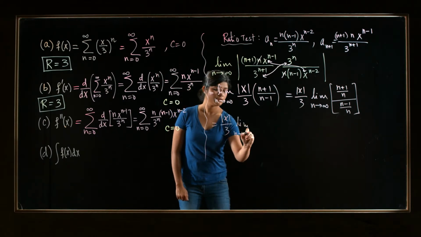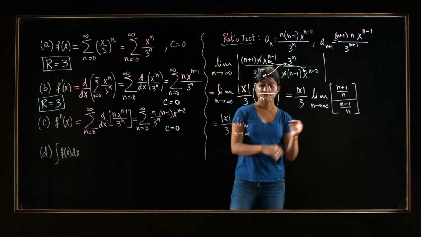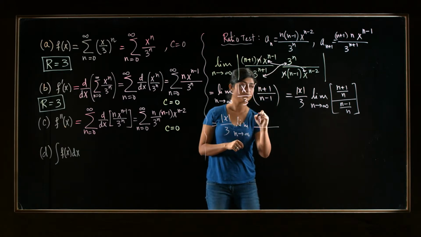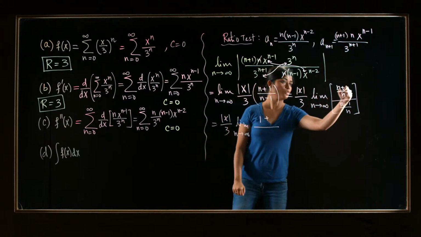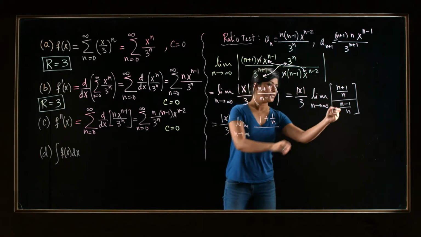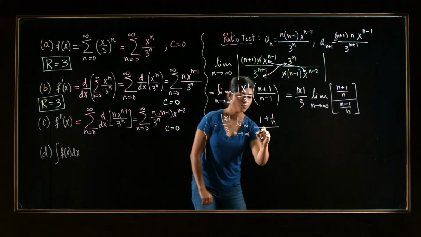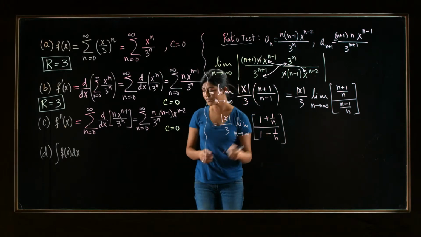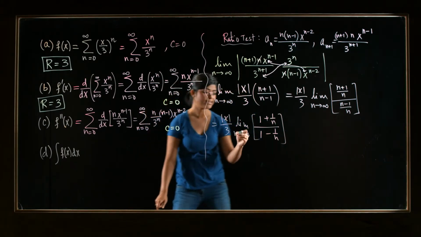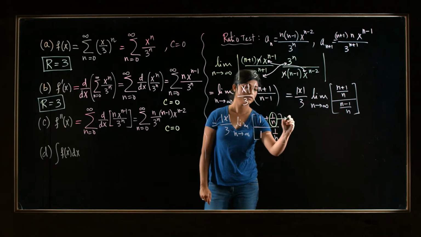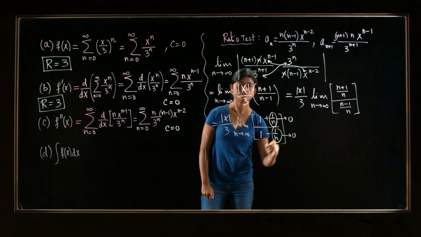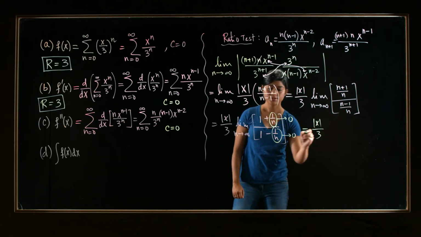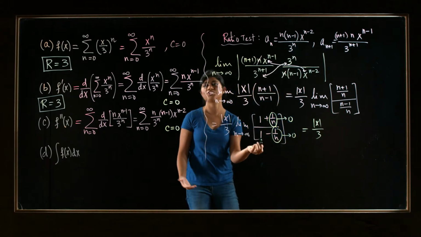Inside the limit, now in the numerator, n over n will cancel to give you 1, then plus 1 over n. In the denominator, same thing, n over n is 1, and then minus 1 over n. And the reason we do this is because as n goes to infinity, this 1 over n will approach 0. So finally, the limit is absolute x over 3 times 1 over 1, which is just 1.